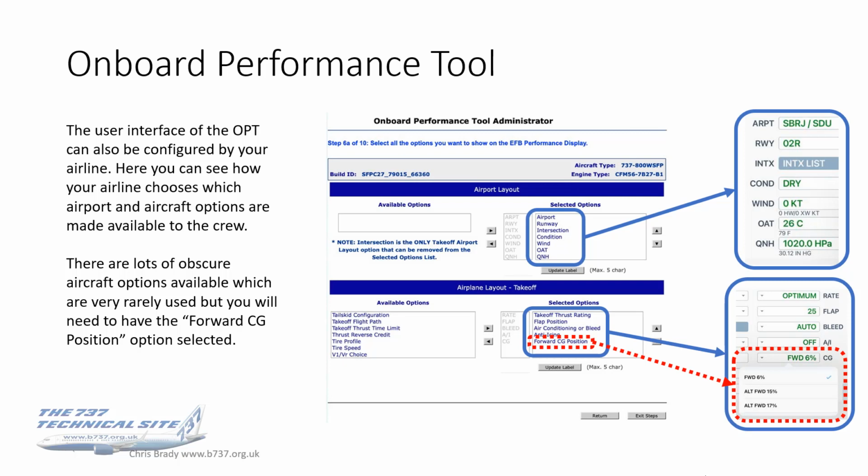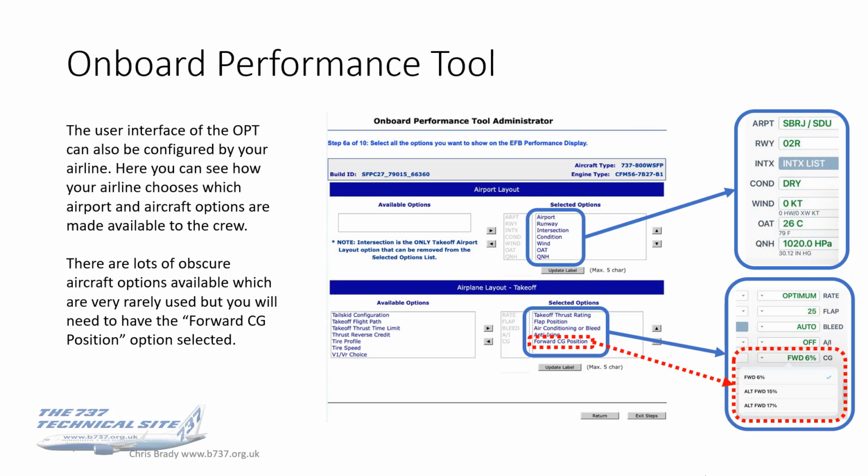But in this administrator, you can see how your airline chooses which airport and aircraft options are made available to the crew. Lots of obscure options, particularly available for the aircraft layout. Most of these are very rarely used.